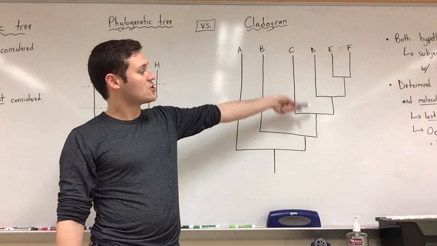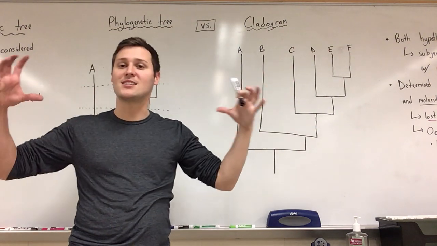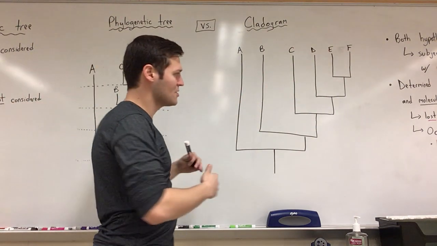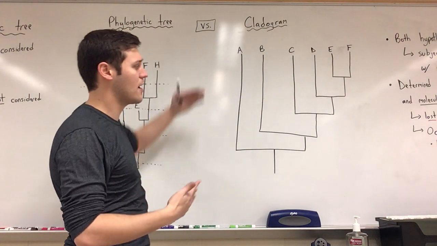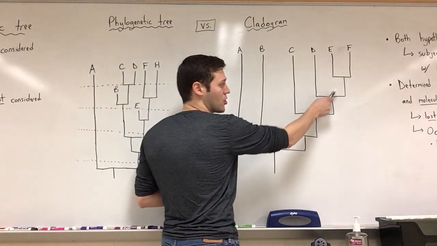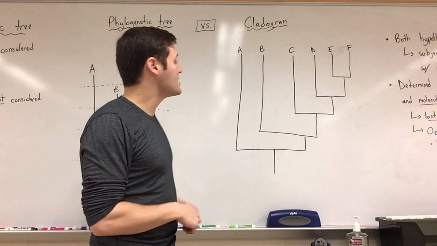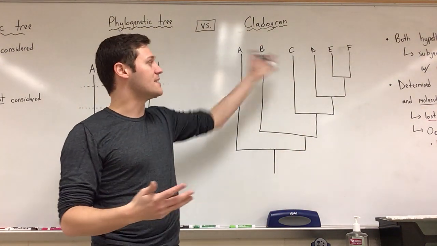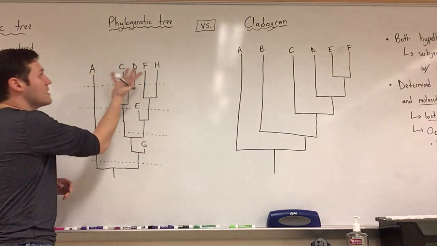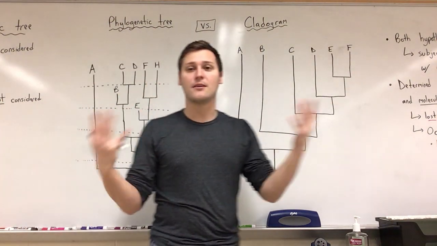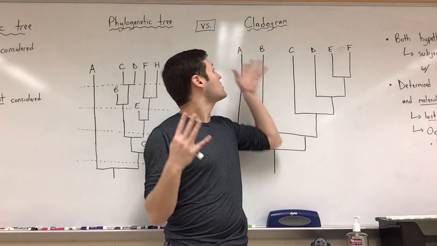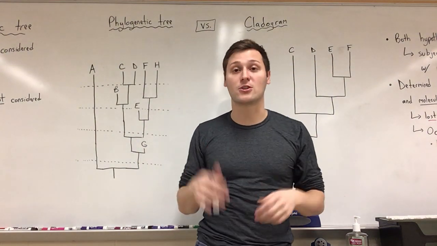So all of these branches are relatively consistent with their distancing. So there's no consideration of how long ago this divergence occurred or this divergence occurred, just the fact that it occurred. And we see the relatedness just as we see that in phylogenetic trees, but again, no time. So that's the big difference between cladograms and phylogenetic trees.